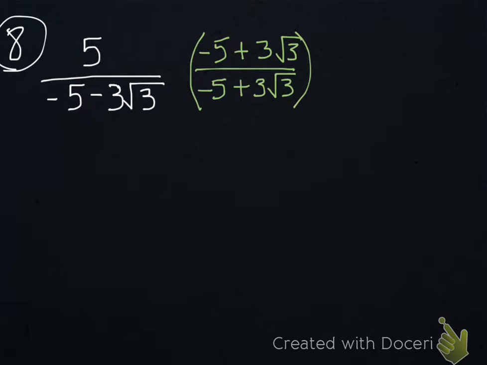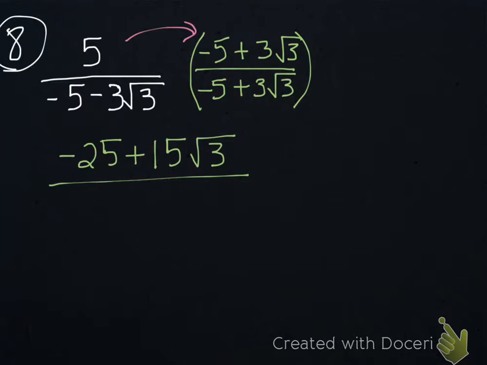Now we can go through and simplify. On top, we're going to distribute that 5 to both terms. So I have negative 25 plus 15 square root 3. On the bottom, we can do our shortcut.